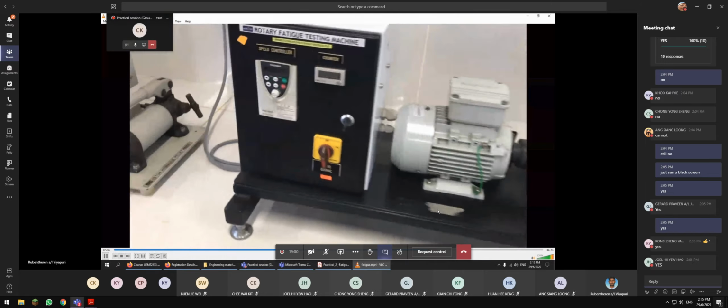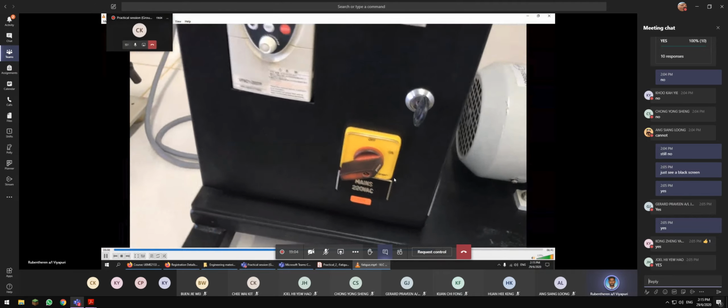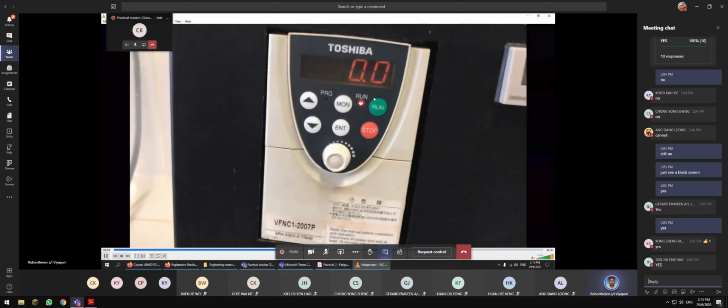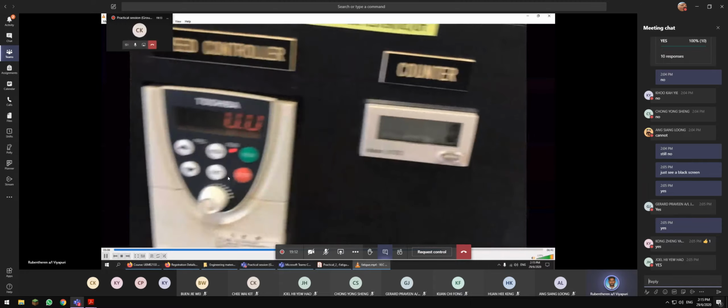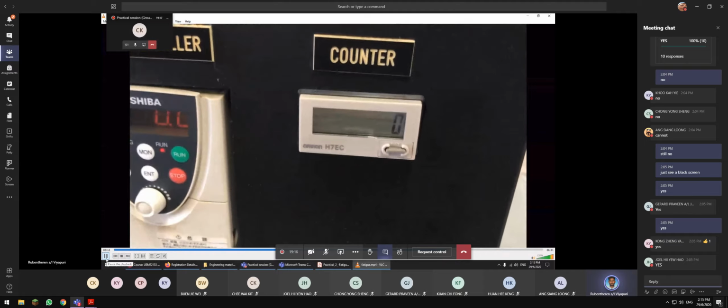To run the experiment, the first step is to turn on the mains, and this is the RPM. This is the counter. This is the most important part.